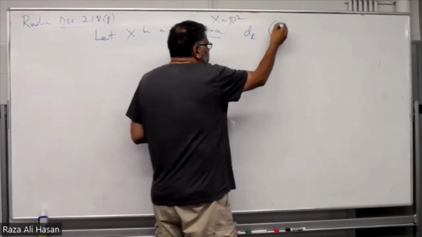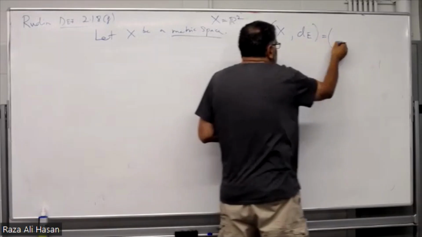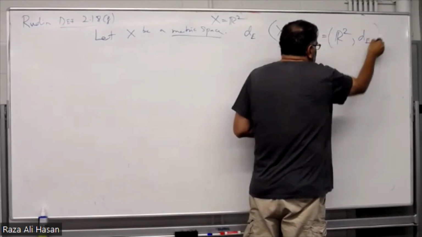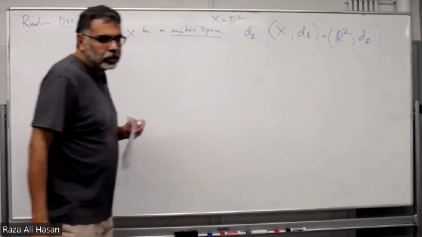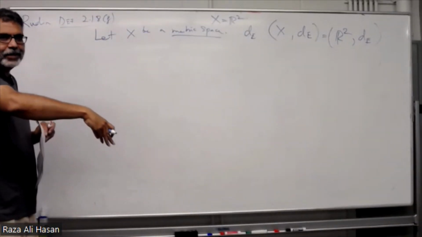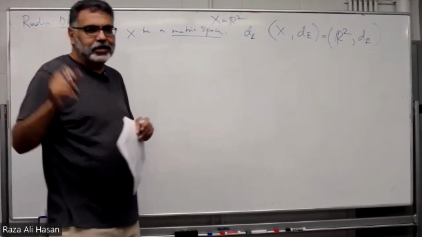So the space is this, E for Euclidean, where we're talking about x-axis, y-axis, and the Pythagorean theorem can be applied. The triangle inequality is there.